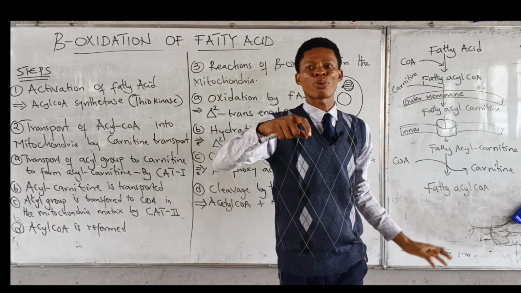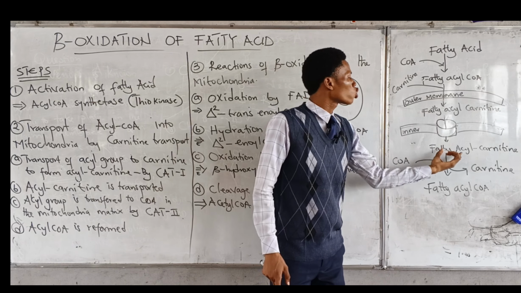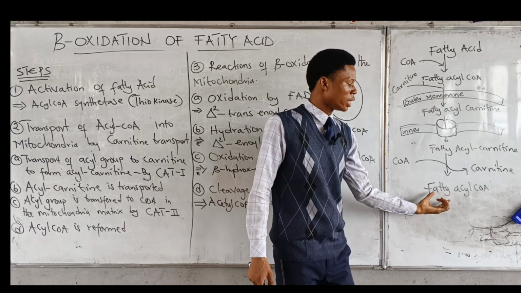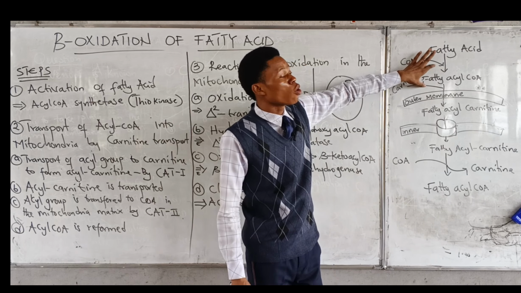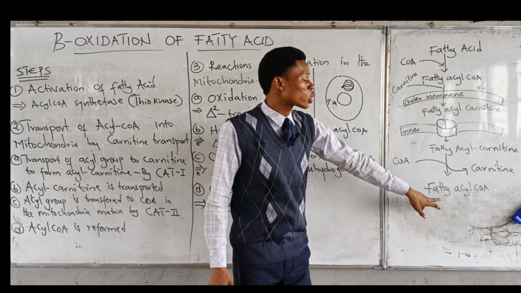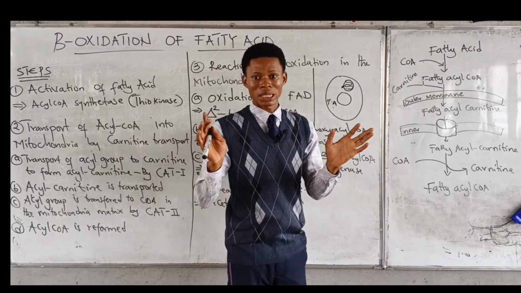Some coenzyme A were present inside the mitochondria. So coenzyme A will attach to the fatty acid group to form what again? Fatty acid-CoA. If you notice very well, fatty acid-CoA was once outside, but fatty acid-CoA is now inside. Do we understand that?